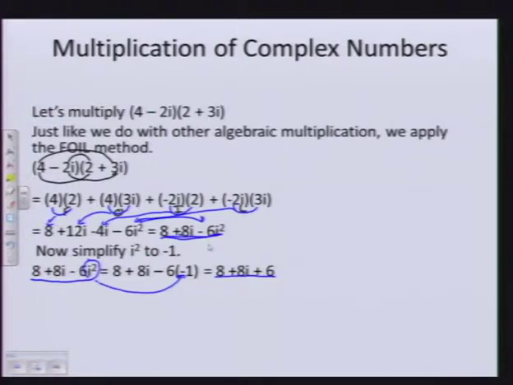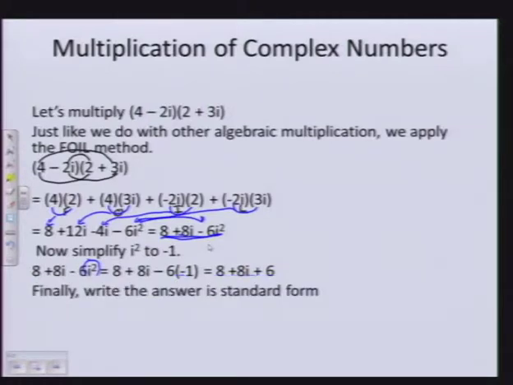Once again, we're not quite there yet. We now have two real numbers, 8 and 6, so we're going to finally write the answer in standard form. We had 8 plus 8i plus 6, and we add the 6 and the 8 to get 14, and then just bring over the 8i.